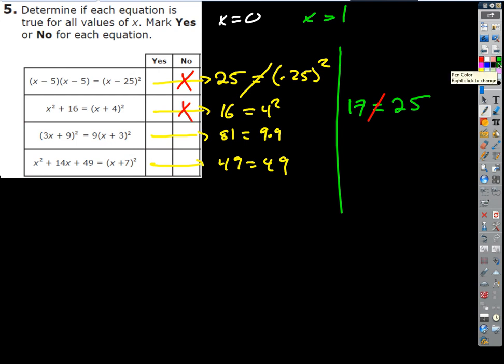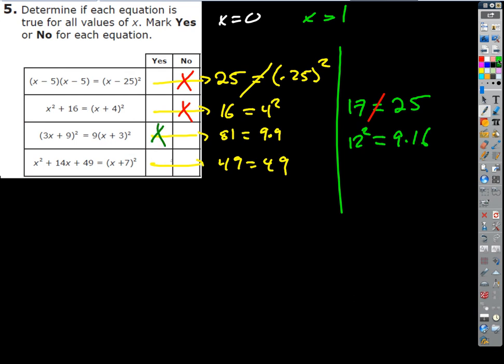If I plug in 1, I get 3 times 1 is 3 plus 9 is 12 squared equals 9 times 16. So I get 9 times 1 plus 3 is 4 squared is 16. That's true. It works. So that one worked twice, so it's a yes.